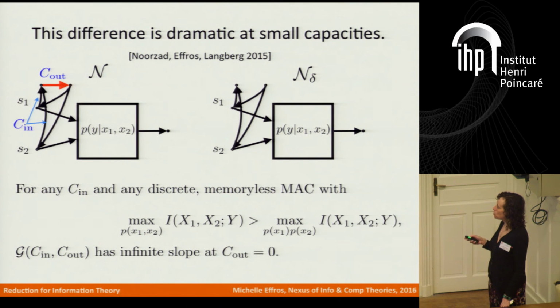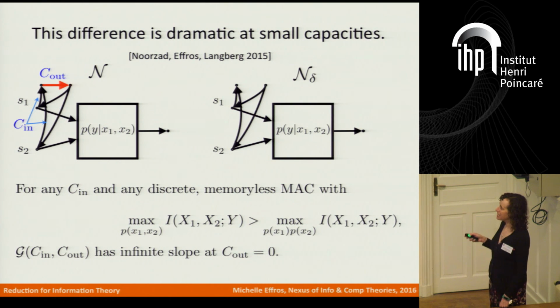And what we demonstrated was that if you're in a network where two nodes transmitting across this network were controlled by the same transmitter, you would do better than the capacity of the MAC. Then it's always true that the gain that you get by adding this opportunity to cooperate has slope equal to infinity.